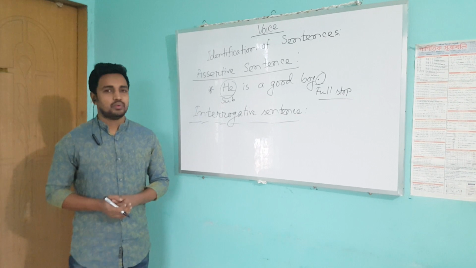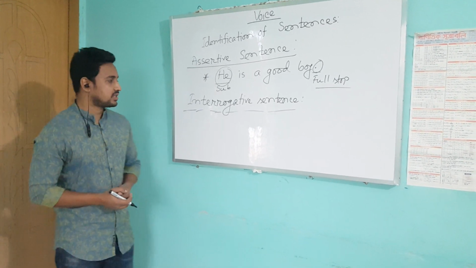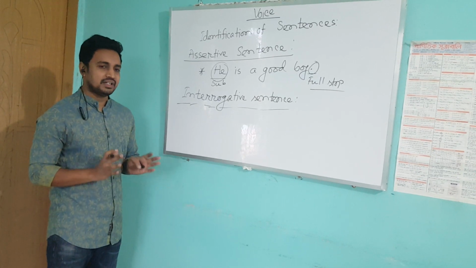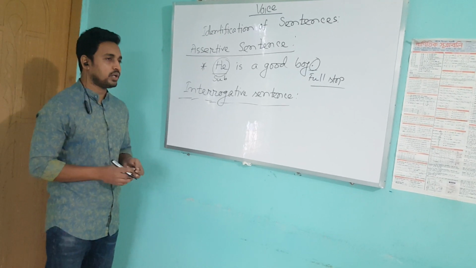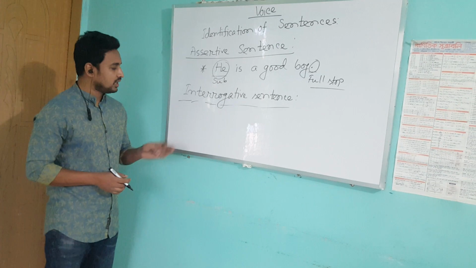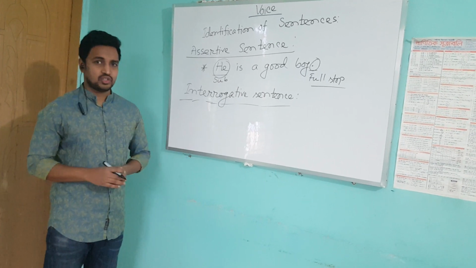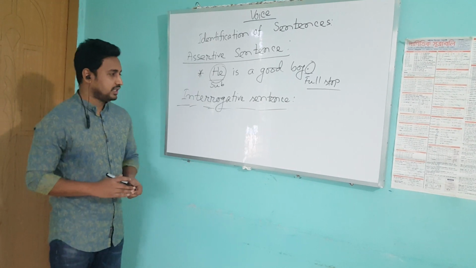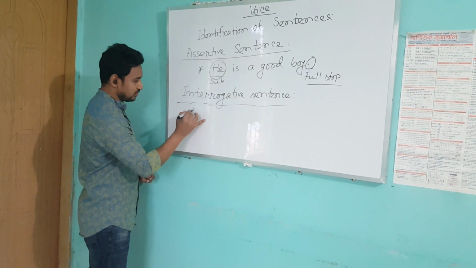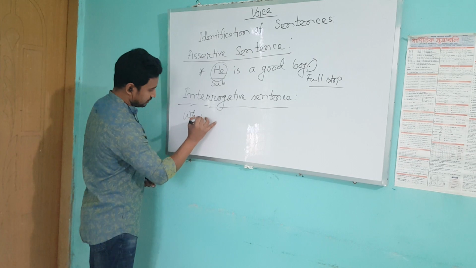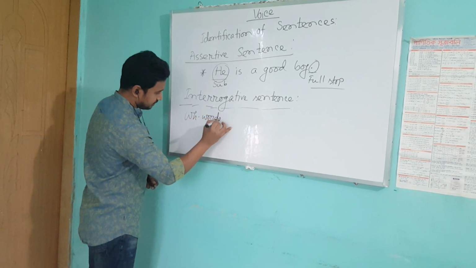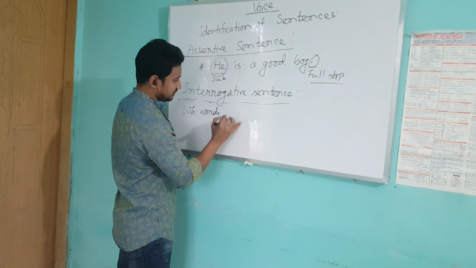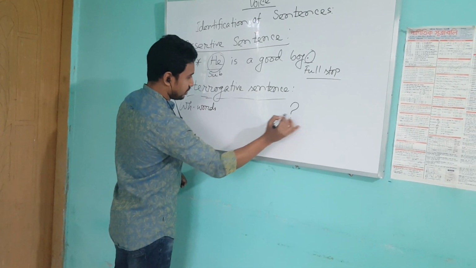Why is it not enough? We have to understand the whole thing, because for an interrogative sentence there are two ways to build it. One is having a WH word at the beginning, another is having an auxiliary verb at the beginning. So we can say WH words at the beginning and at the end a question mark.